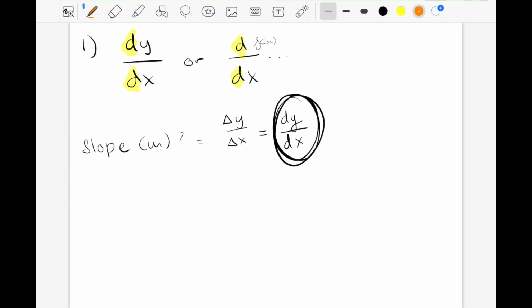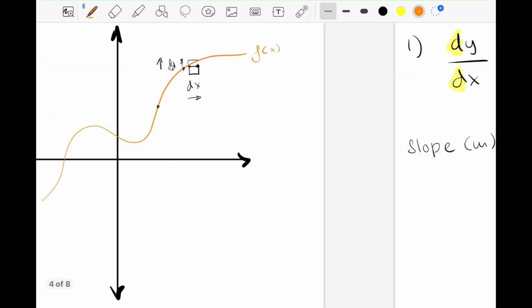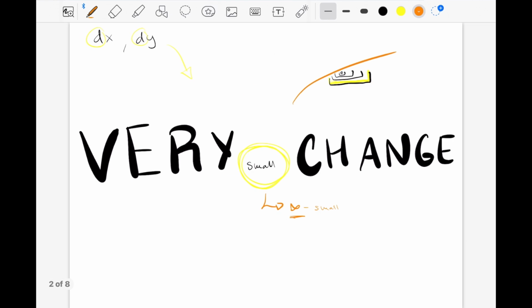You're going to have to manipulate these expressions, and in order to do that, you need to know how to work with dx or dy, and you have to understand what this actually means. Basically, what it means is this very small instantaneous change.